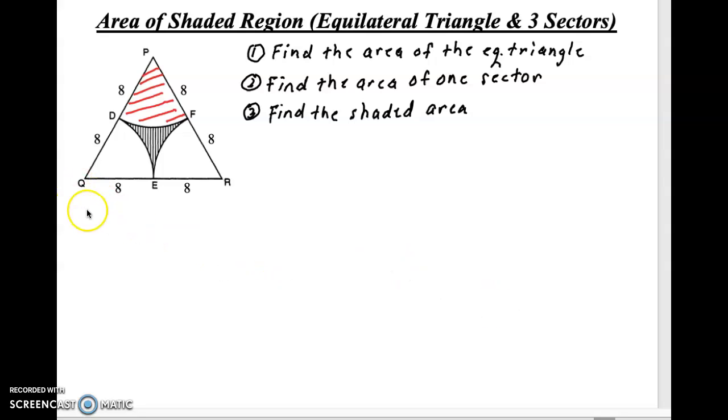So step 1, we're going to find the area of the equilateral triangle. Well, the formula, which you can find in the lesson, for an equilateral triangle is 1/4 times the side of the equilateral squared times √3.